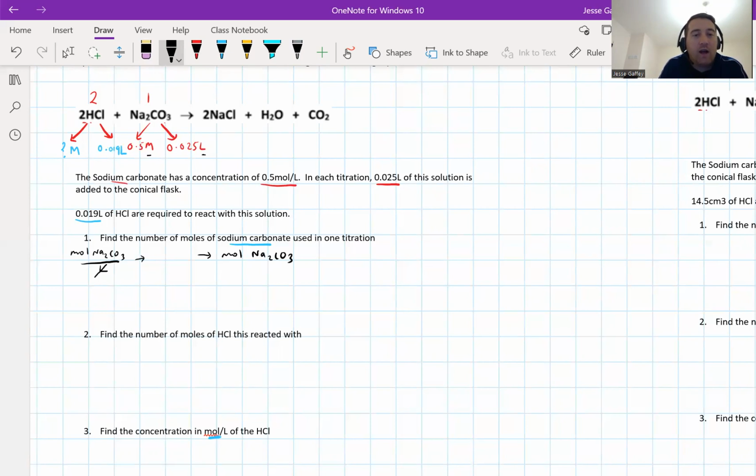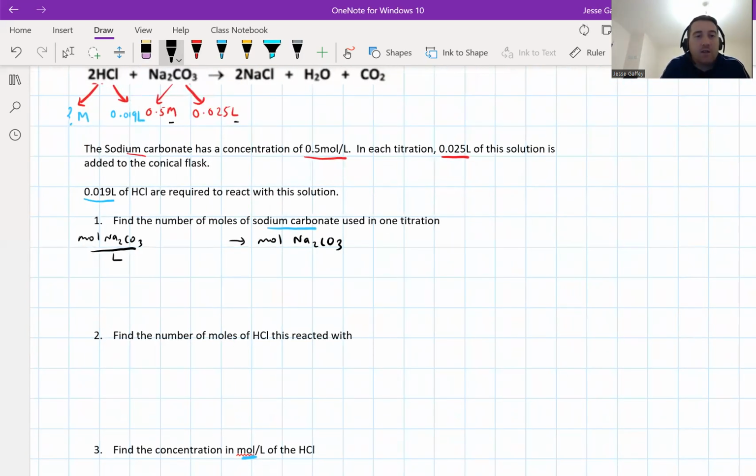How would we do that? And obviously that's going to leave us moles of Na2CO3. So we want to cancel out the liters. How are we going to do that? Well, to cancel out the liters, I need to multiply by some amount of liters. Which is exactly what I'm going to do here now. All right, so I know that my sodium carbonate is 0.5 moles per liter.